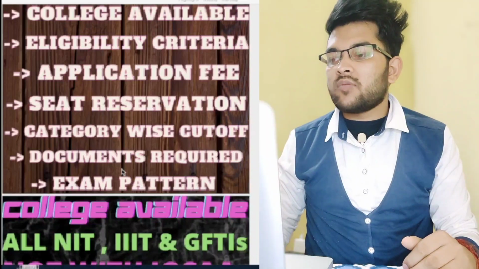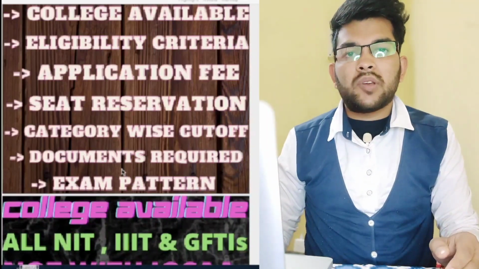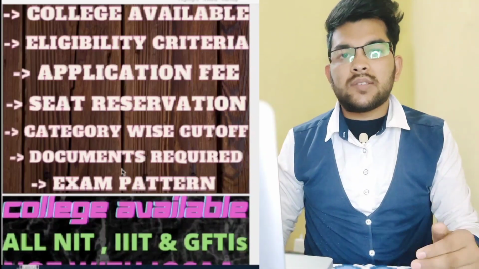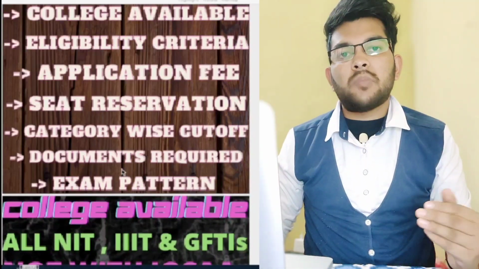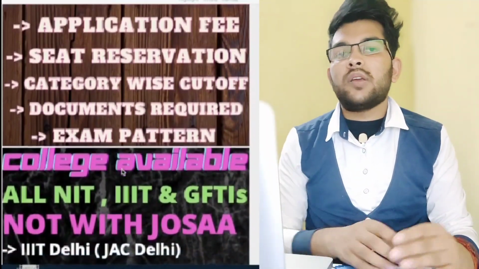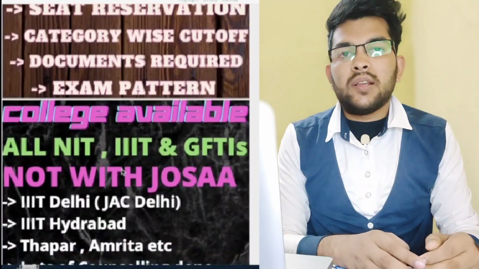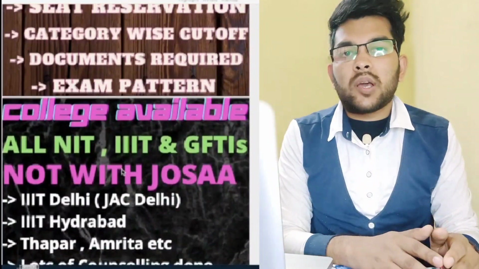So let's start with the college availability. As you all know, you will be able to get all NIT, IIIT and GFTI with this exam, JEE Mains, but there are some other colleges also that you can get, but not with JOSAA. With JOSAA you will get only NIT, IIIT and GFTI colleges, but with other counseling such as Delhi, UP, and through MHT CET, JEE Chandigarh, Odisha JEE, you will get different types of colleges as well.